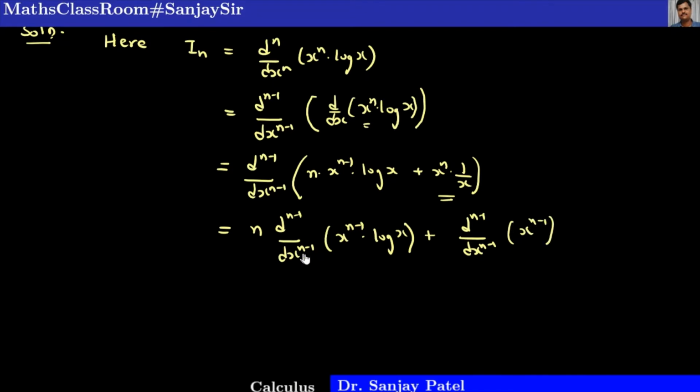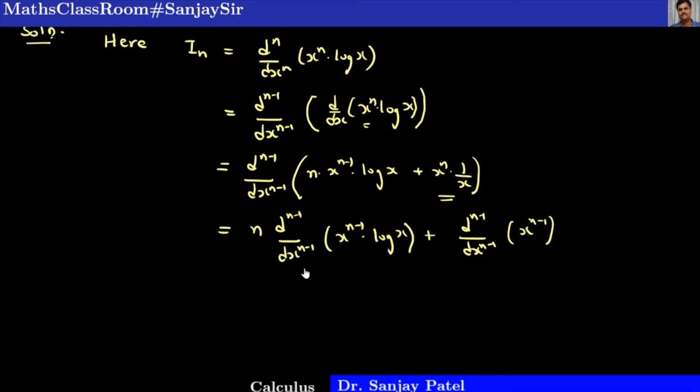Okay. Now just go back to this symbol. In means d^n by dx^n of x raised to n log x. So for example, if you have n equal to 2, I2 means d^2 by dx^2 of x^2 into log x. So In minus 1, if you put n equal to n minus 1, In minus 1 is d^(n minus 1) by dx^(n minus 1) of x raised to n minus 1 into log x.